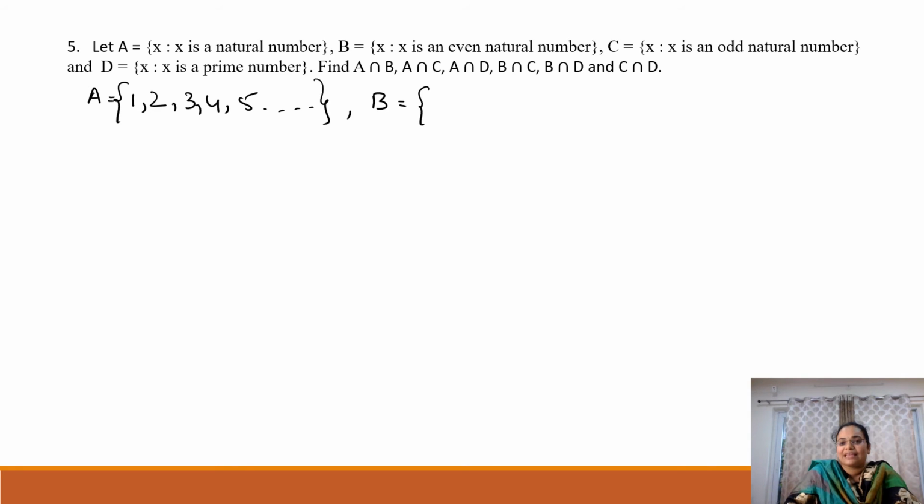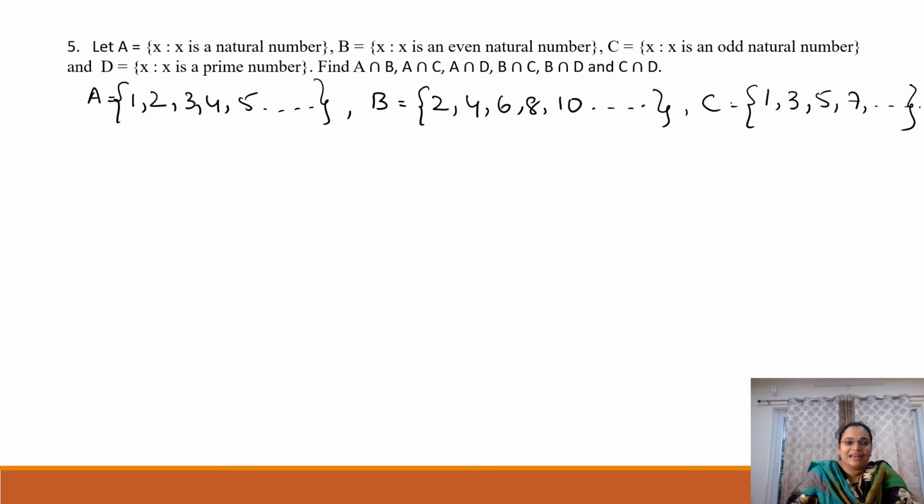And B is {x such that x is an even natural number}. So 2, 4, 6, 8, 10, and so on. C is the odd natural numbers, that is 1, 3, 5, 7, and so on. And D is the prime numbers: 2, 3, 5, 7, and so on.